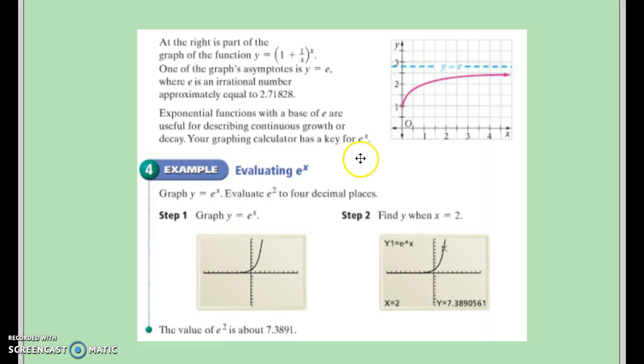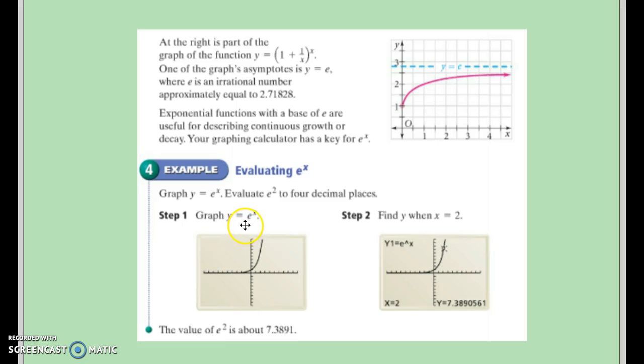Okay, so here we go. We've got some examples, and you can see there is a number e on your calculator, so you don't have to try and remember the whole decimal. Here's our example: we're going to be graphing y equals e to the x, and then evaluating e squared to 4 decimal places. The first thing we did was graph e to the x in our calculator, and this is what it looks like.